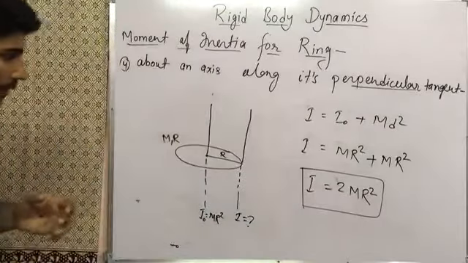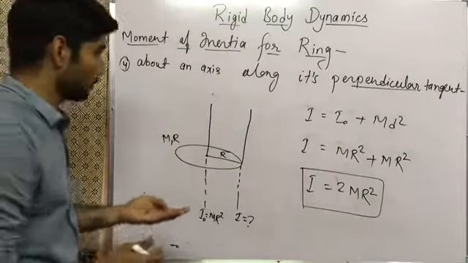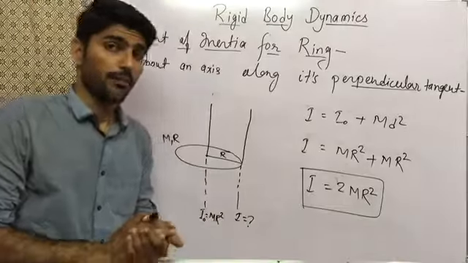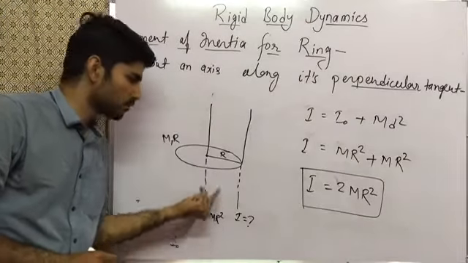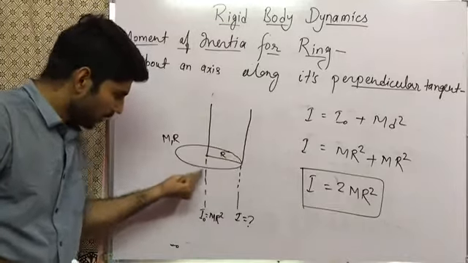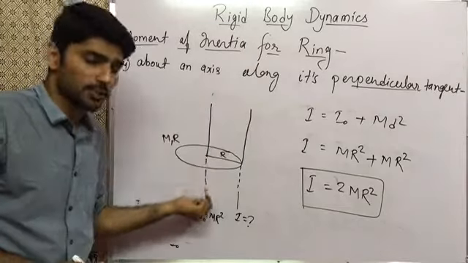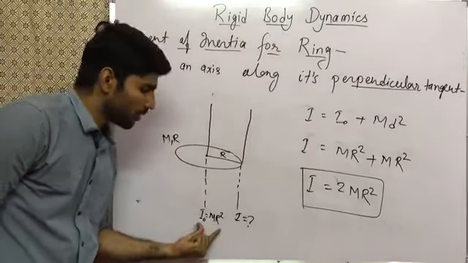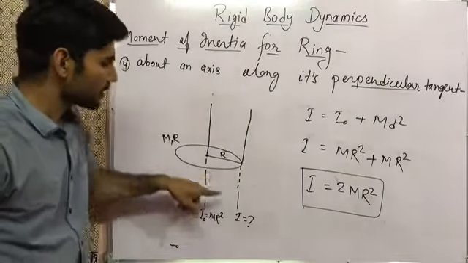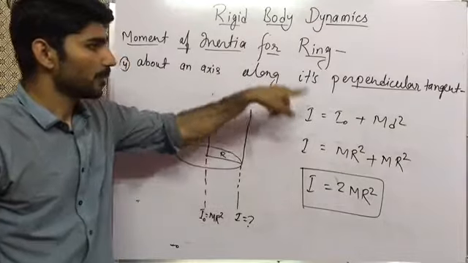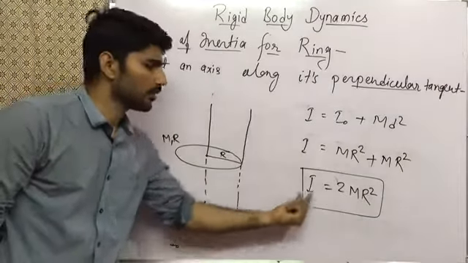So today we derived four formulas for the moment of inertia for a ring about different axes. In the first case, we took the main axis, which was perpendicular to the plane and passing through the center. The moment of inertia about this axis is mr square. In the last case, the moment of inertia about the perpendicular tangent is 2mr square.